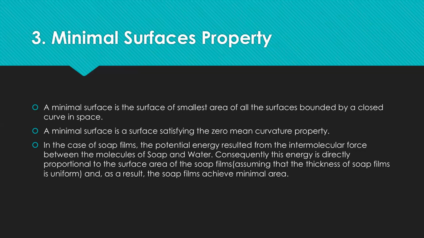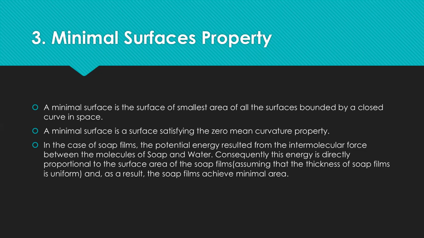But due to the soap film, this process becomes much easier. A minimal surface is the surface of smallest area of all the surfaces bounded by a closed curve in space. A minimal surface is a surface satisfying the zero mean curvature property.